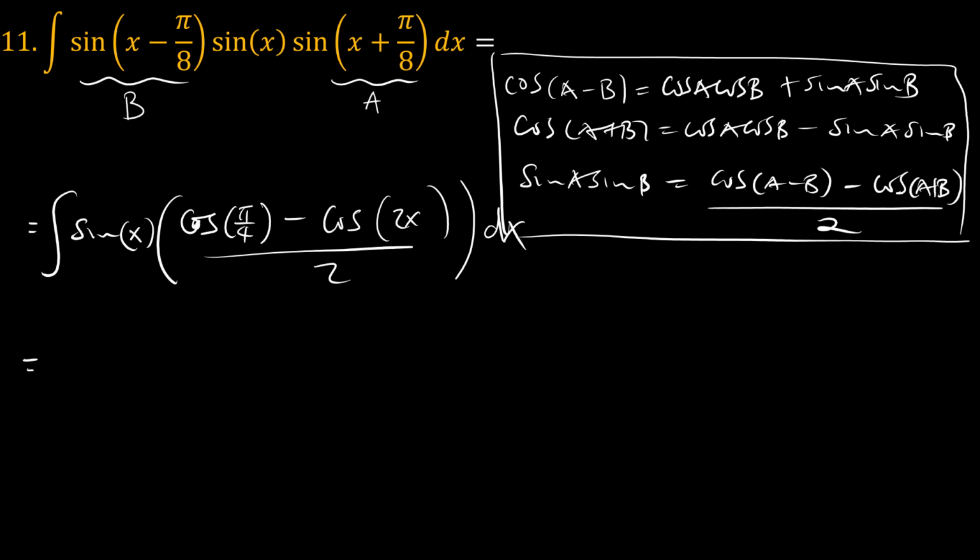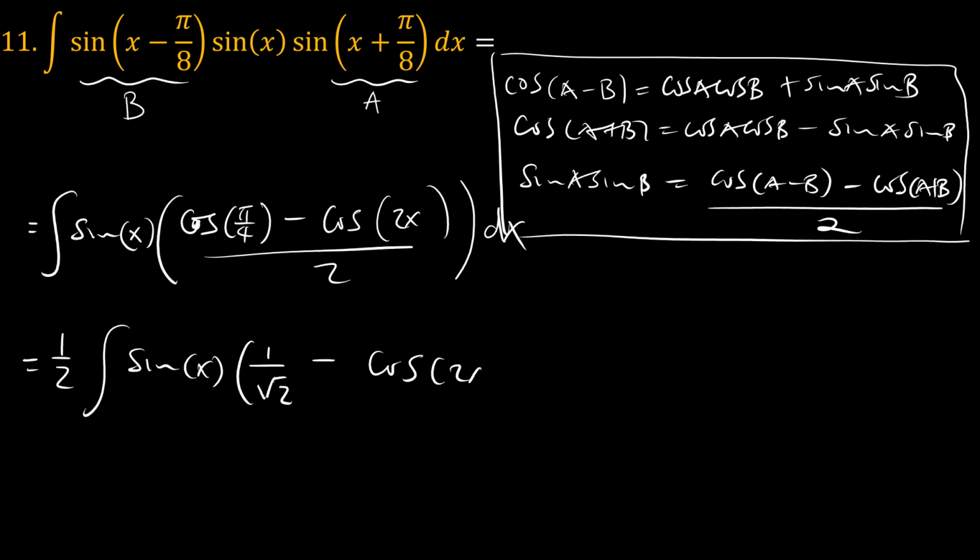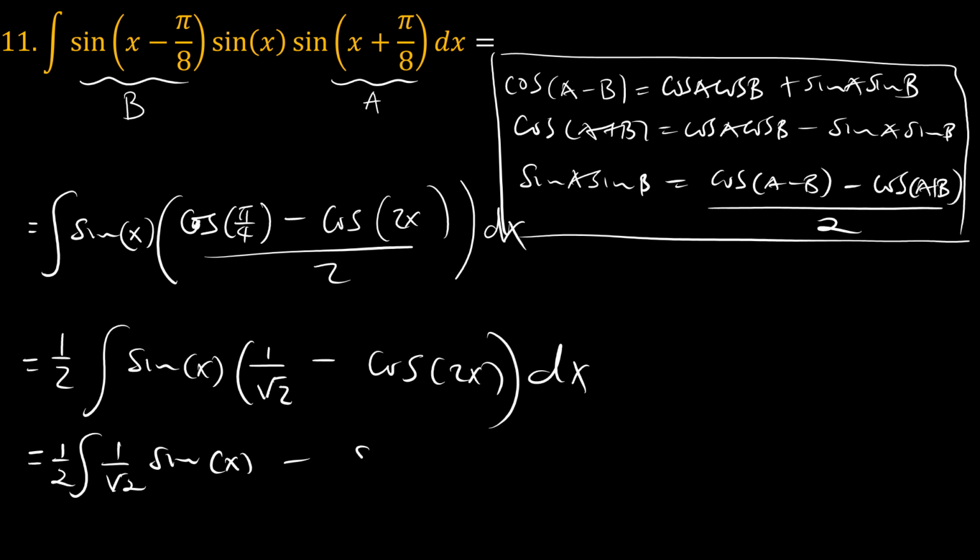We can pull a half out, so we have sine x times cosine of pi over 4, which is 1 over root 2, minus cosine of 2x. So this becomes the integral of a half times 1 over root 2 sine of x, minus sine of x cosine of 2x.